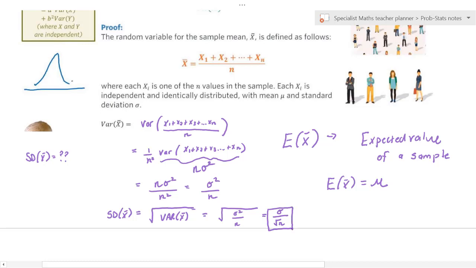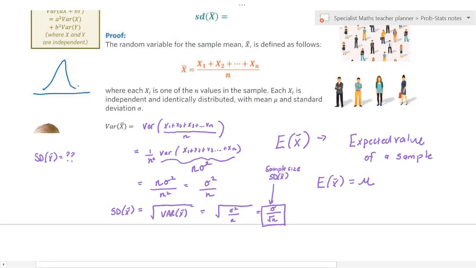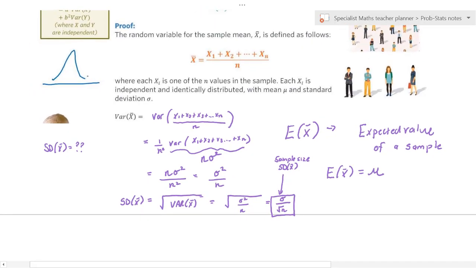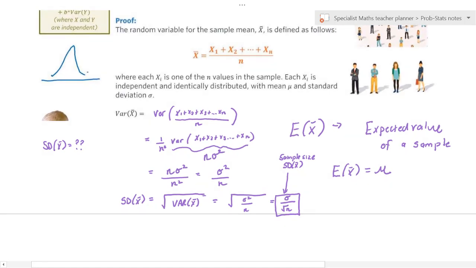Whenever you take a sample of 5, 10, 15, you have to use this. You must. That sample size is going to change the standard deviation, as you've seen. So the standard deviation of my random variable, the sample mean X bar, is going to change depending on the size.